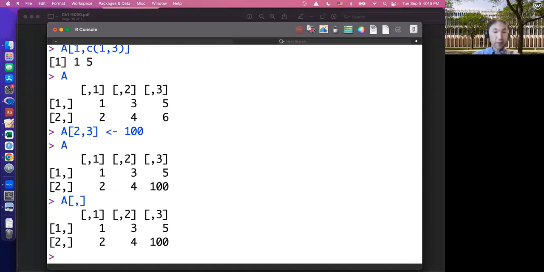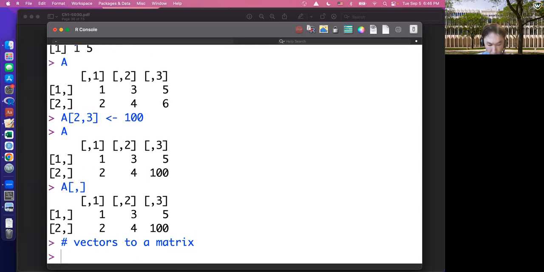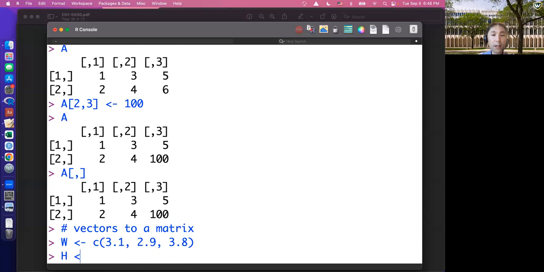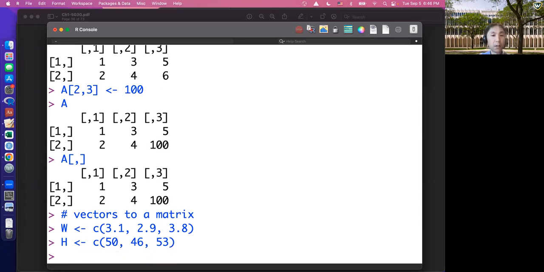Okay, so next, sometimes we have some vectors, then we want to combine vectors to make a matrix. So vectors to a matrix. Suppose that we have a vector W. This may be the weight of 3 babies in kilograms. And another vector H. H is the height of 3 babies in centimeters.